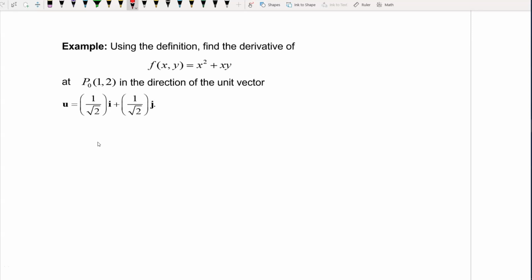Using the definition, find the derivative of f of x comma y equal to x squared plus x times y at this point p naught 1 comma 2 in the direction of unit vector u equal to 1 over square root of 2 i plus 1 over square root of 2 j.